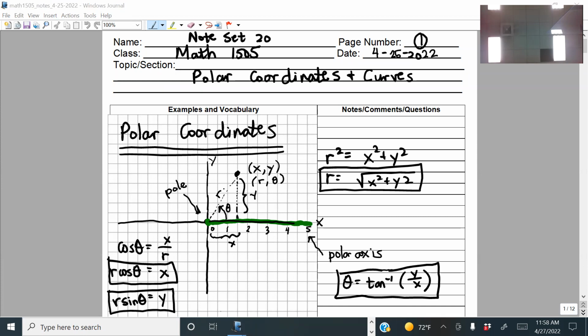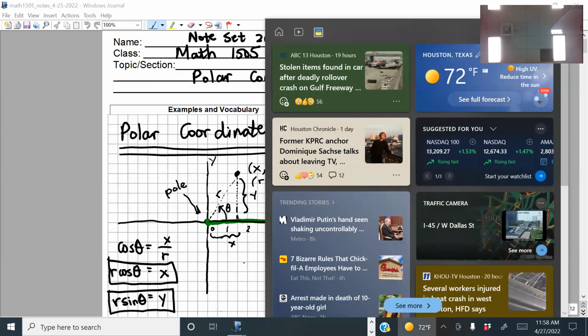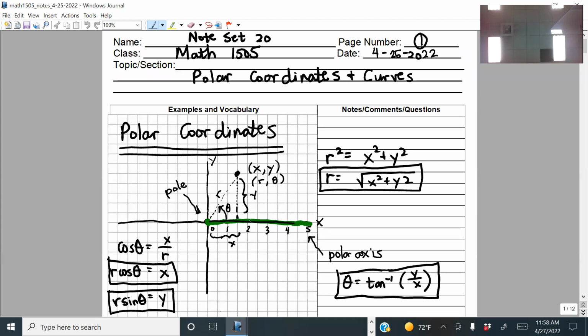Just draw a line out from the beginning of your polar axis to that point. So that's this little dashed line that I've drawn here. By the way, that 0 on your polar axis, where your polar axis starts, is called the pole.